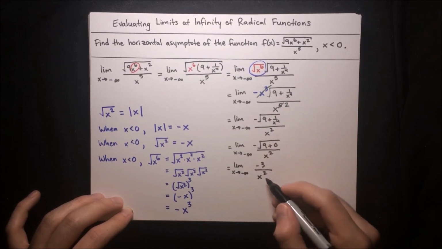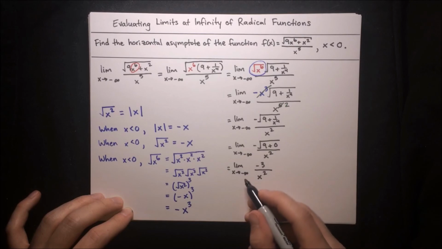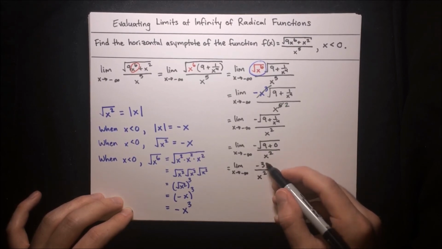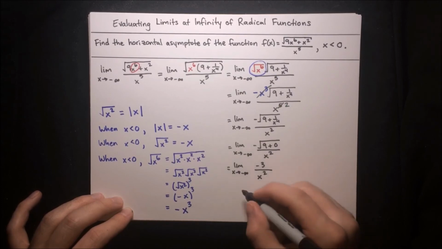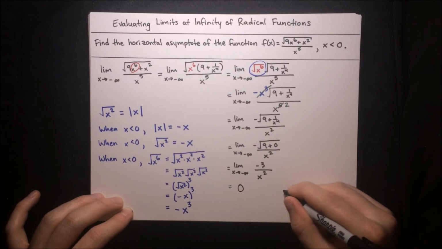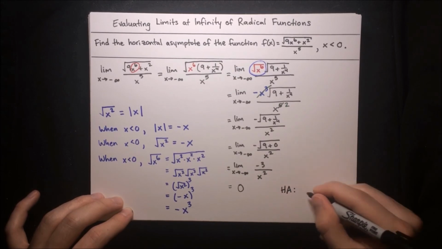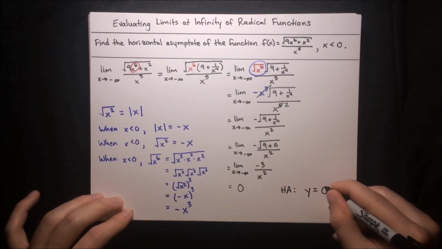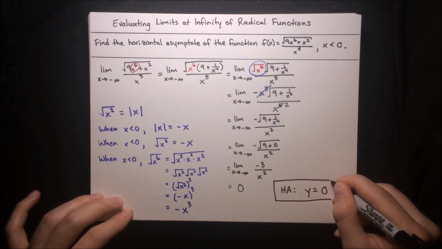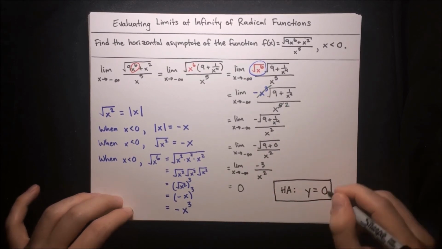And we know that this limit, it's a limit as x approaches negative infinity of a reciprocal function. It's just a constant divided by an increasingly large denominator, so this is equal to 0. And that tells us that our horizontal asymptote is then y equals 0. That's the value that the function is approaching as x gets closer and closer to negative infinity.